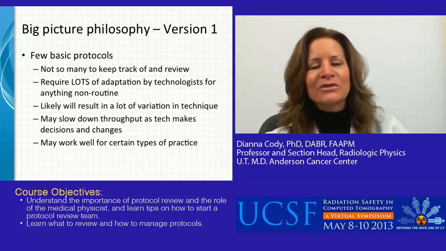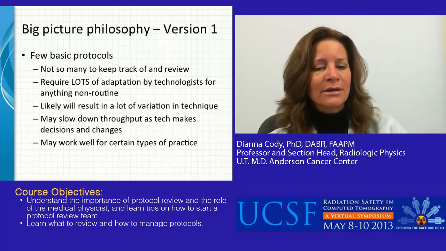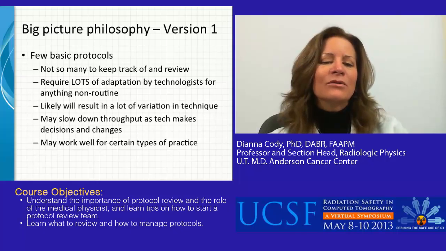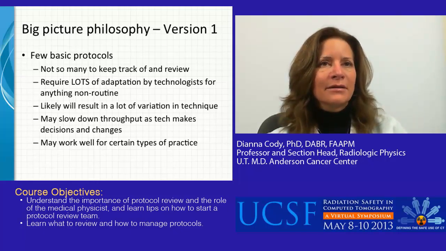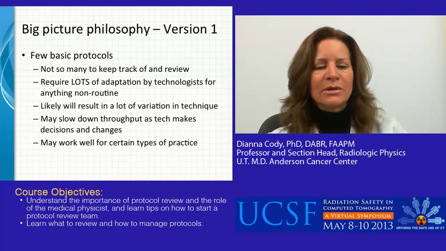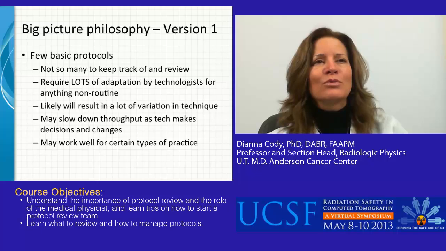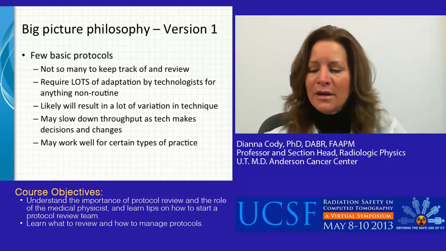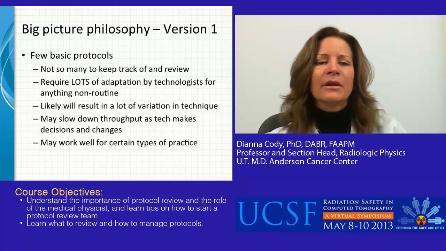That will likely result in quite a bit of variation in your technique and in your image quality. It also may slow down the throughput because it takes some deciding and some doing to actually adjust many of these parameters. But that kind of approach might work very well for certain types of practice.